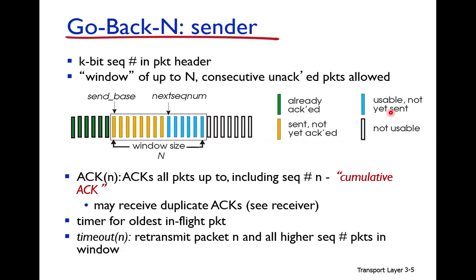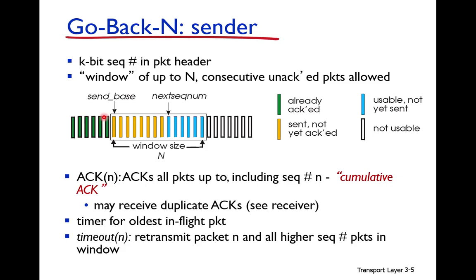So it is usable and not yet sent. Usable, because the sender has a window size of N. Among these N window-size packets, the yellow packets are sent and not yet acknowledged, so the blue ones are allowed to be sent unacknowledged.